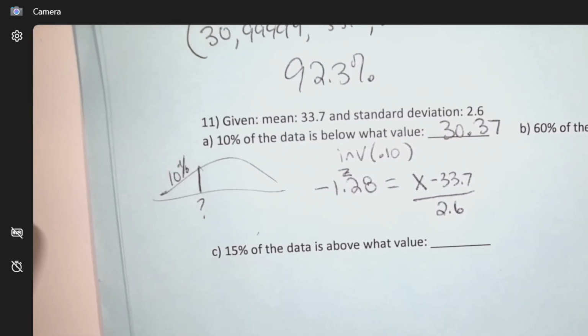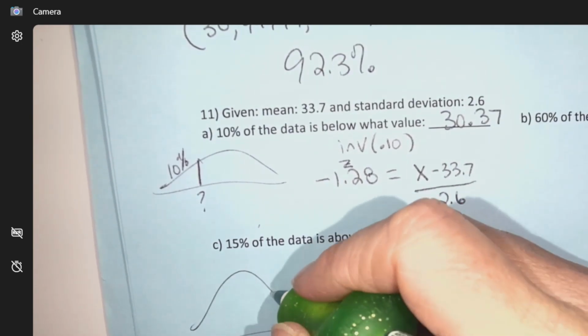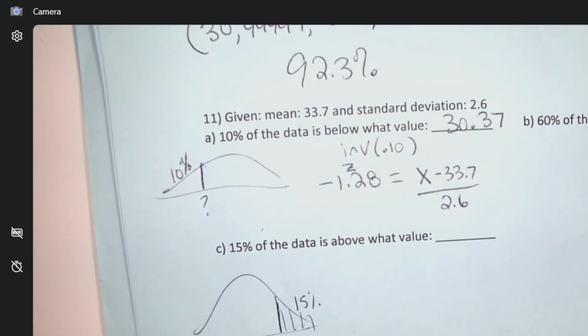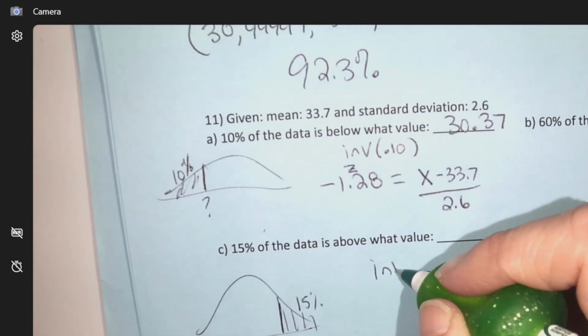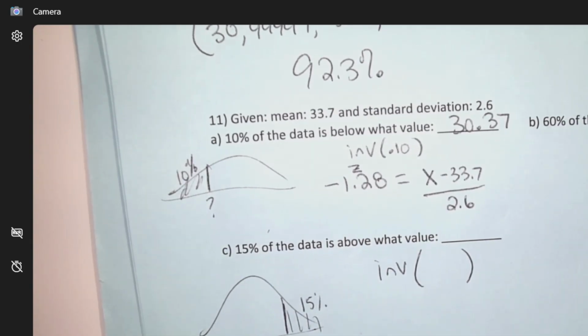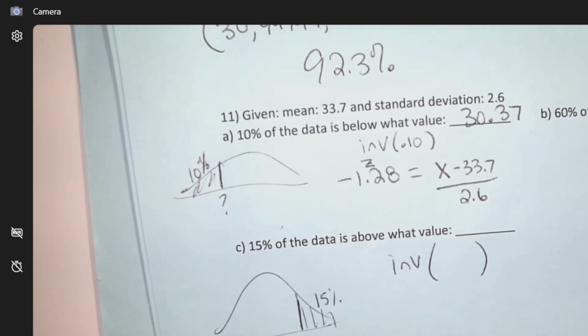Okay, I'm going to skip, just for time's sake, we're going to do C. 15% of the data is above what score? Okay, so you are not going to put 15 in here. This isn't 15. What would you put instead? Because this isn't anything with below. So what is below me? If I'm here, what's the below?